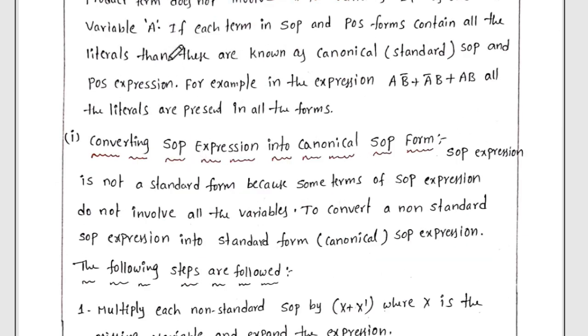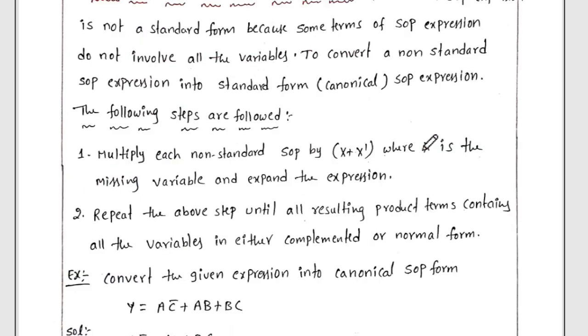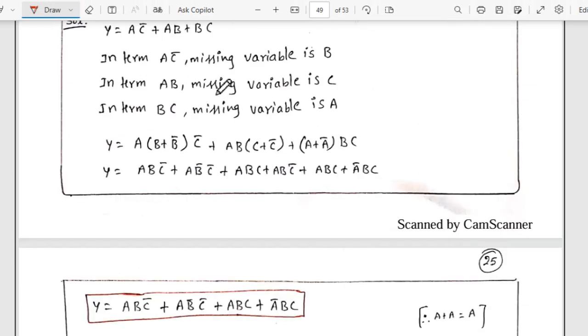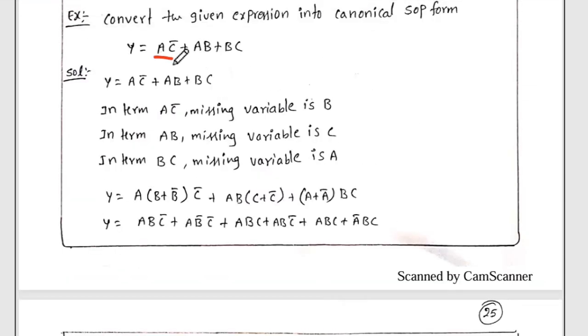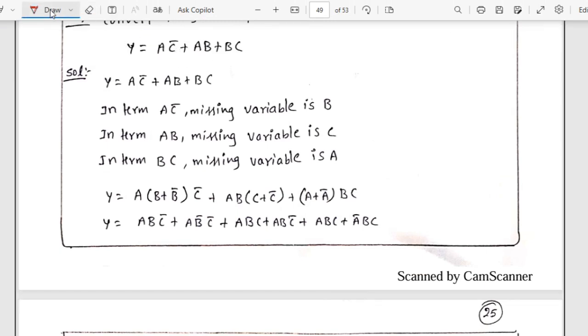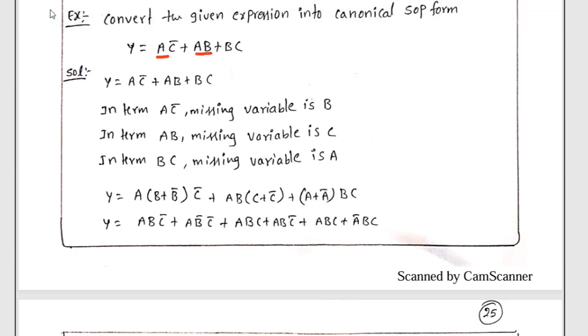Now, how do you convert a sum of products expression into canonical sum of products form? I'll explain through an example. He is giving that expression. It is a sum of products, but not in the canonical form. Why? Because here AC bar is there, AB is there, BC is there.